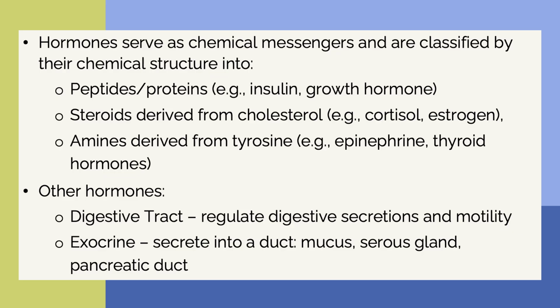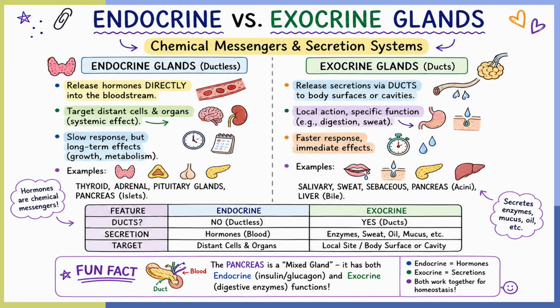The second group consists of steroids, all of which are derived from cholesterol as a precursor. This group includes hormones like cortisol from the adrenal cortex, and sex hormones like estrogen. Finally, there are amines, which are derived from the amino acid tyrosine. This group includes epinephrine, which manages stress responses, and thyroid hormones like thyroxine.